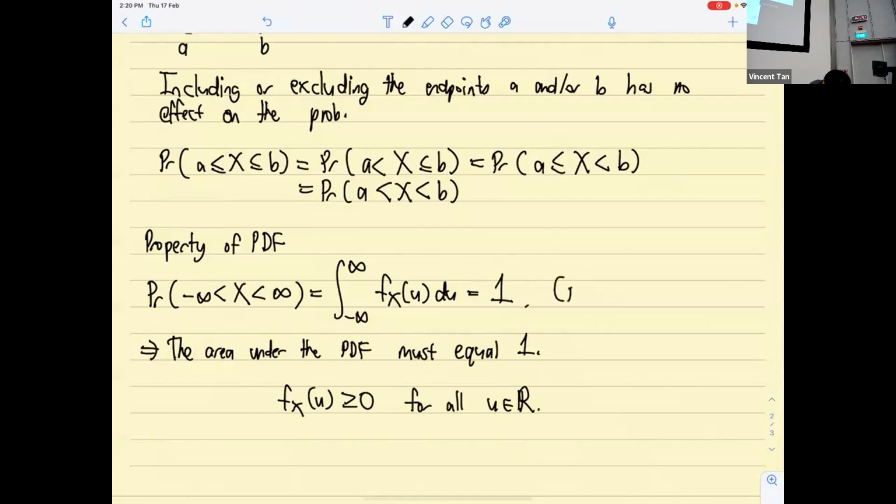This is called the normalization property, if you wish. The probability density function is normalized. And that is the non-negativity property, if you wish. Okay, non-negativity.